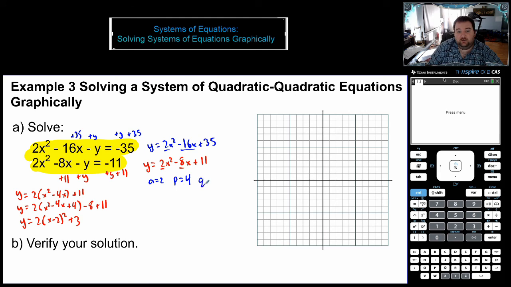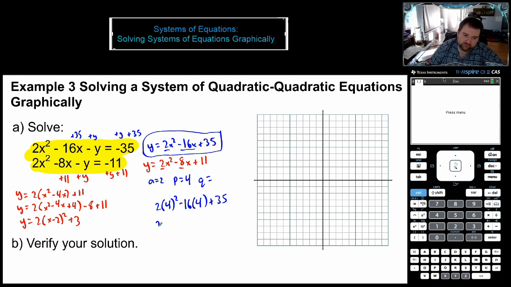Now, for our q value, we actually need to plug that value of 4 into our function here. So let's go ahead and do that. 2, and then we are going to plug in 4 for our x squared, minus 16 times 4, plus 35. 4 squared is 16, so this is 2 times 16. 16 times 4 is 64, so that's minus 64 plus 35. 2 times 16 is 32.